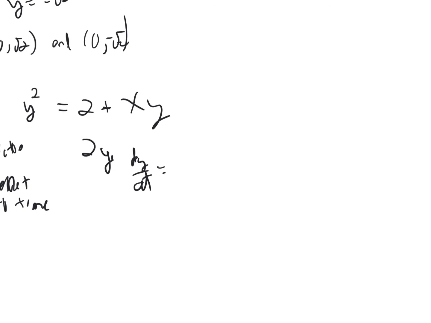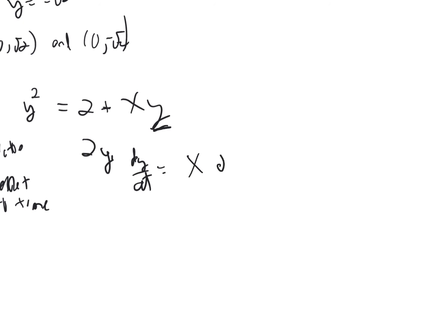Now, when I do the derivative of x, it's 1 times dx/dt, in other words, dx/dt. That's the derivative of the first, but I never do the derivative of the first. I just deviated from my normal pattern. I always do the first times the derivative of the second with respect to time.